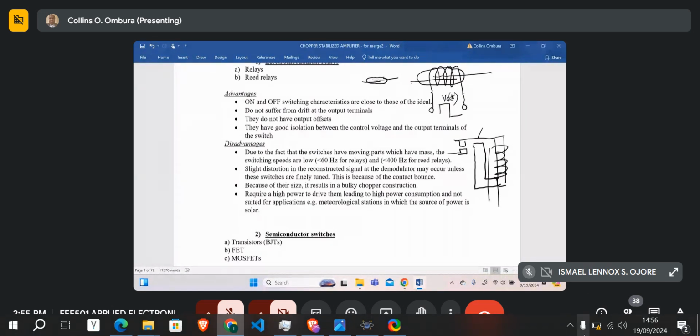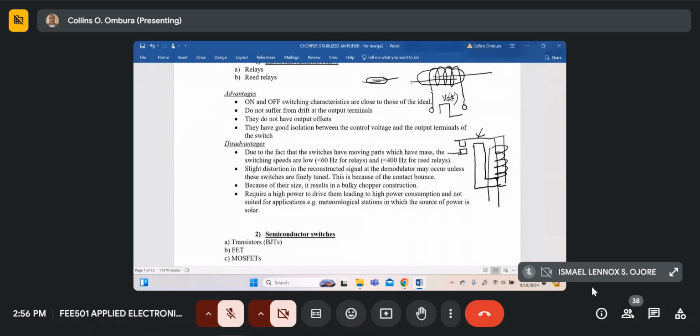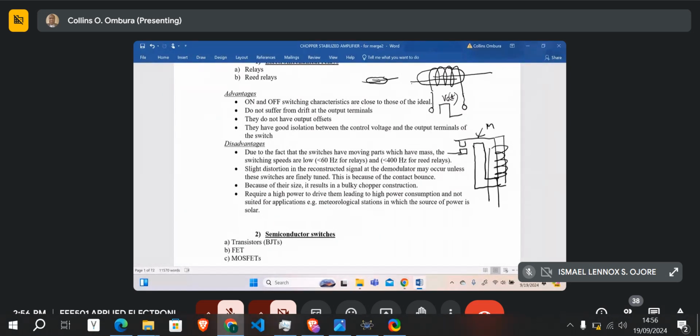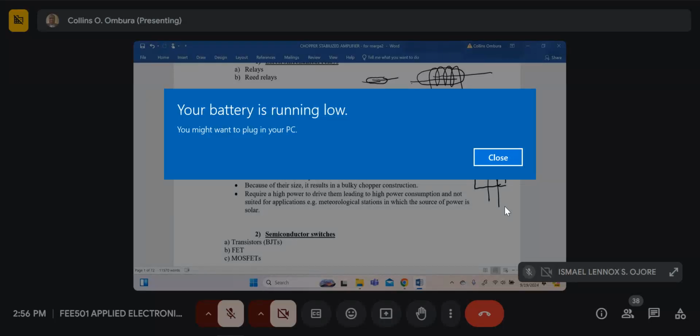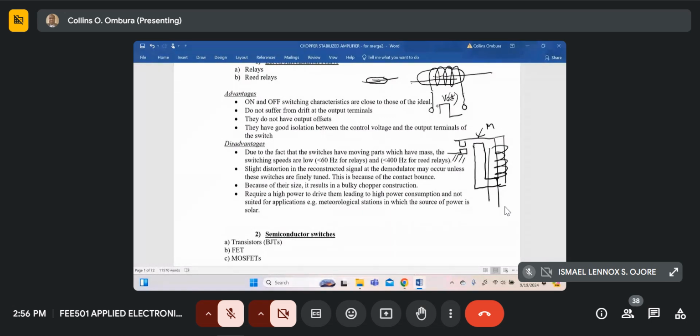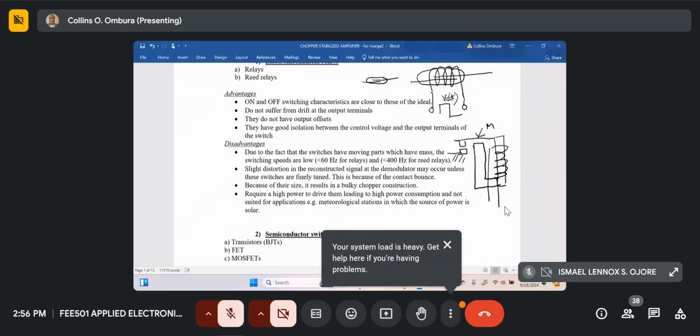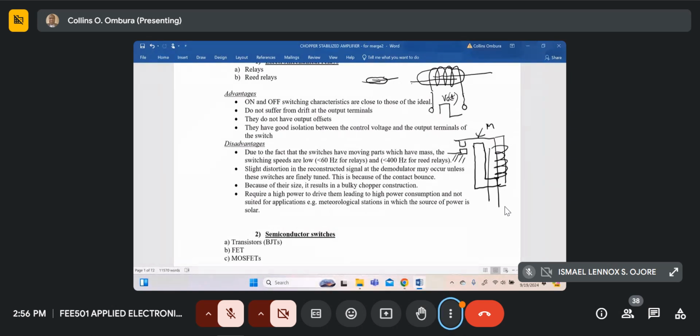So the mass of all this will have to move. Because of the inertia, if this is the fixed contact, then when the top part is attracted, it tends to not just close only, but it tends to bounce before settling down. So that can give rise to distortion in the reconstructed signal.